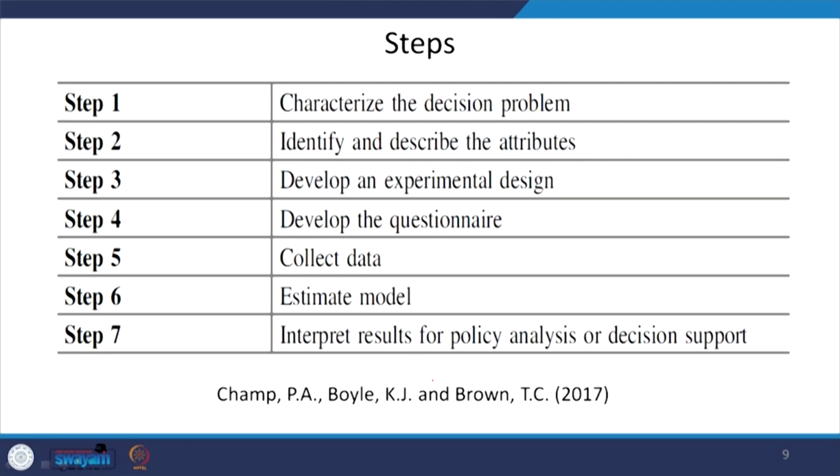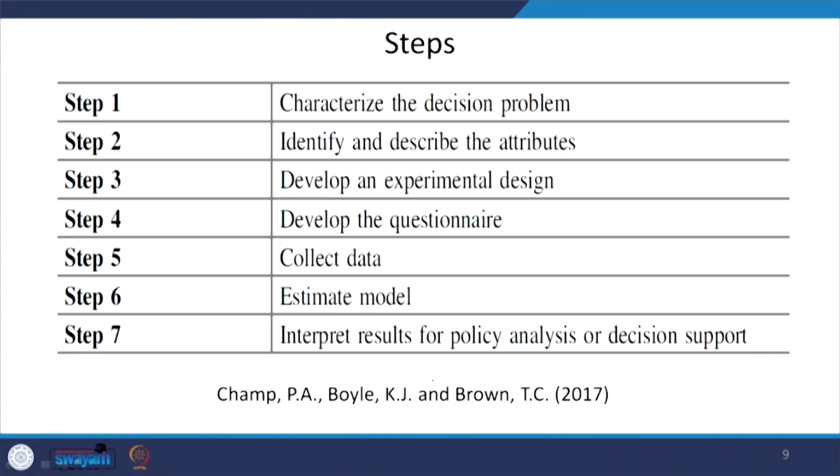After discussing the theoretical background, what the theories are and in which fields they can be applicable, now let us understand the steps we need to discuss if we have to conduct this choice experiment. We need to be careful about the 7 different steps that we must consider in applying this choice experiment method.